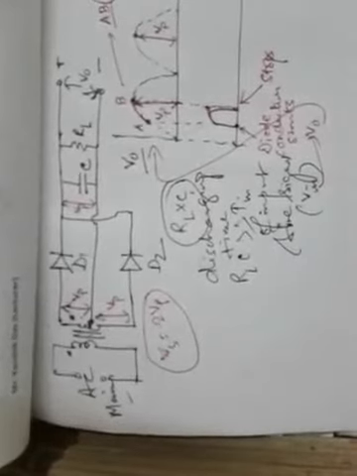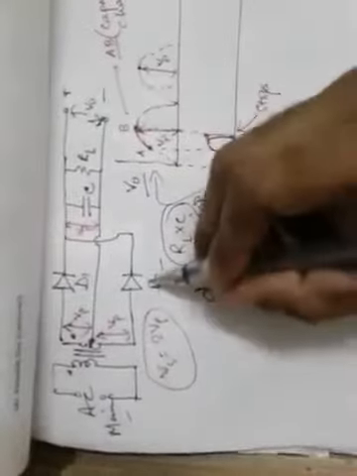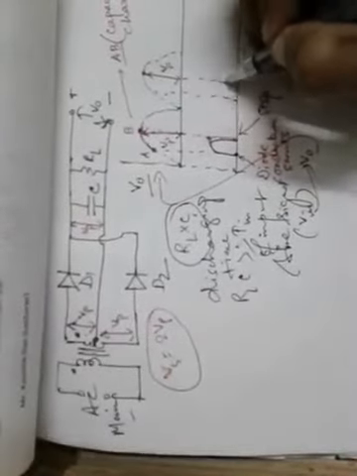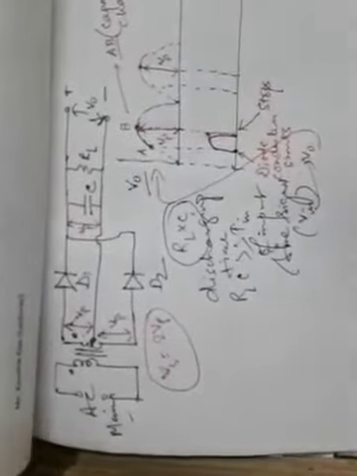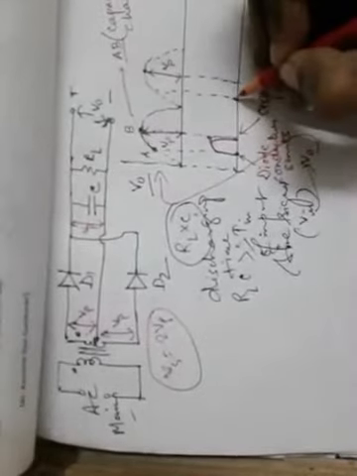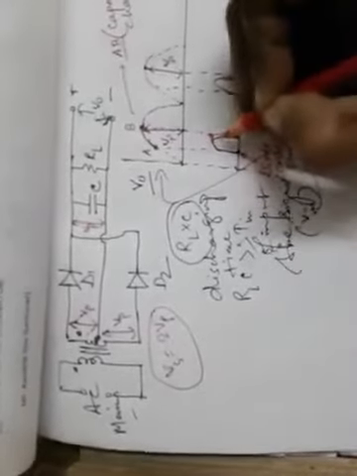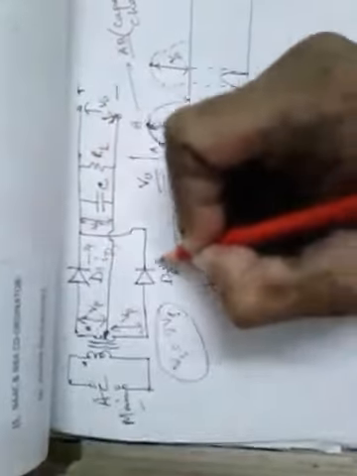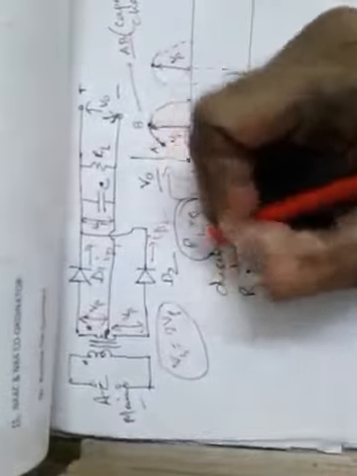This phenomenon will once again occur because of the symmetry of this operation: the diode conduction for D2 will once again happen in this area, and we will once again get a diode current. This is for diode current ID1, and if this diode current is ID2, this is for ID2.